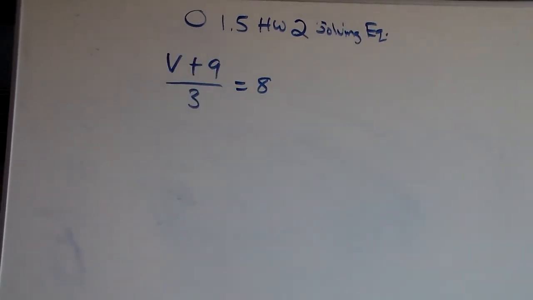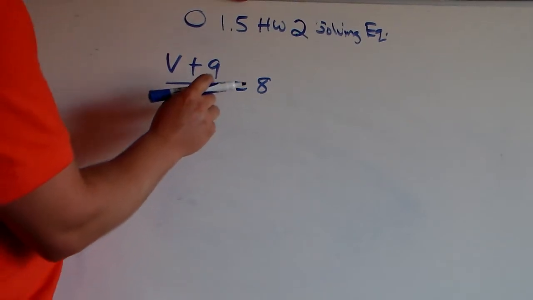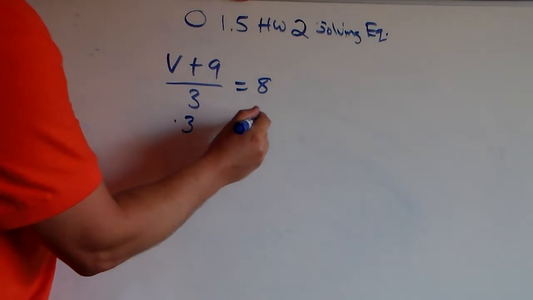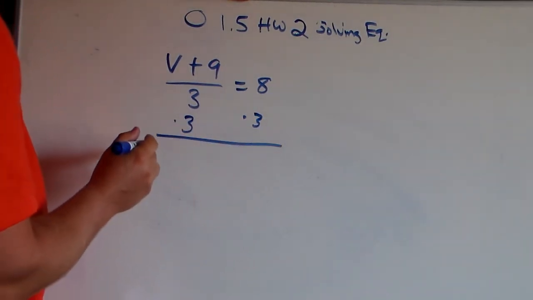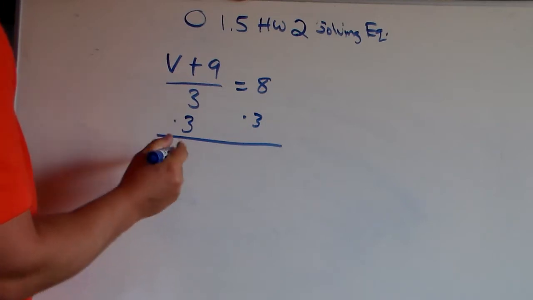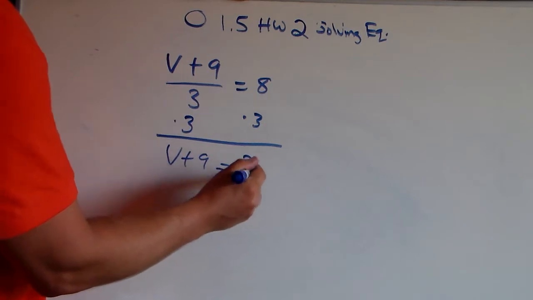Alright, here's problem number 7. V plus 9 over 3 equals 8. So the opposite of divide by 3 is times 3. So we're going to multiply by 3 to both sides of the equation. So the divide by 3 and times 3 cancel each other out. So we have V plus 9 equals 8, 16, 24.